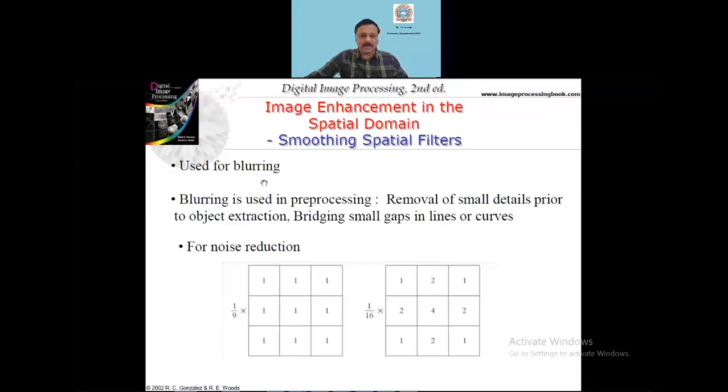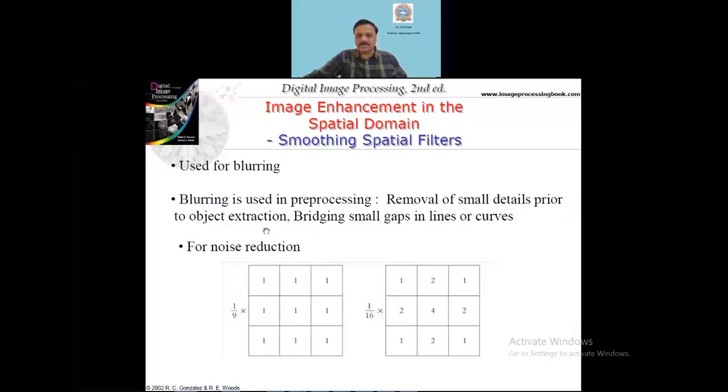So normally this is used for blurring, and even though it has the disadvantage that edges are blurred, it has the advantage that noise gets smoothed. As I said, it is used for pre-processing: removal of small details prior to object extraction. When I am doing segmentation to extract some object, there could be some small details which are not part of this object.